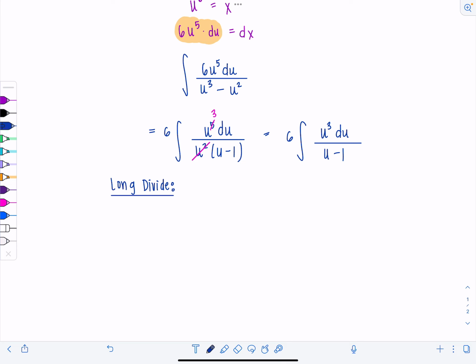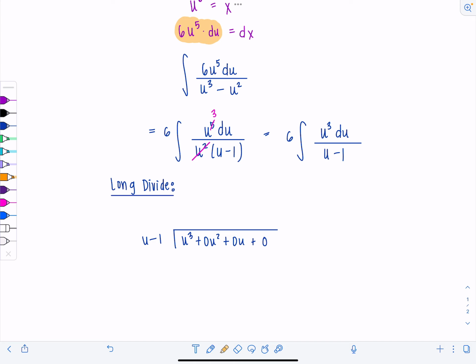Probably if you don't do it on the regular, it's one of those things you forget. So, you know, I got you a little recap. Take the denominator, that's the divisor, and we're going to divide it into u cubed. There's a bunch of placeholders, right? There's a 0u squared, a 0u, and a constant. You can put them or not. It's up to you.